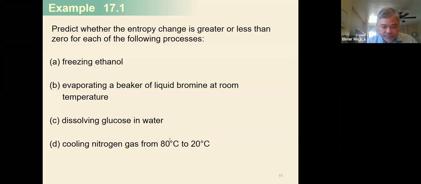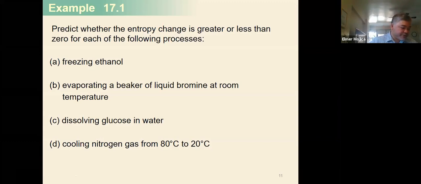So let's try to answer this question. You don't have that in your material, we just have this here in the slide. Predict whether the entropy change is greater or less than 0 for each of the following processes.